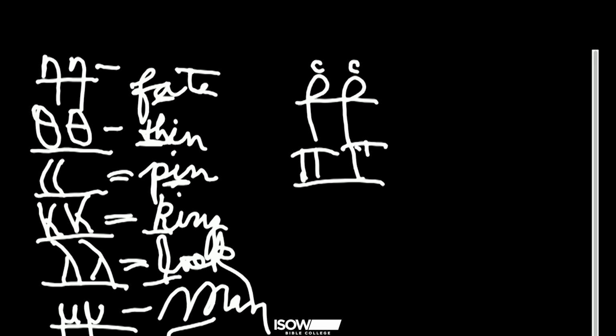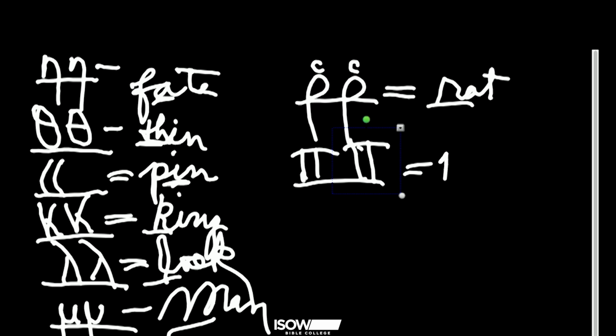The pi. Let me give you a word here. The ru is like the R in rat, and the pi will be like the P in pepper.